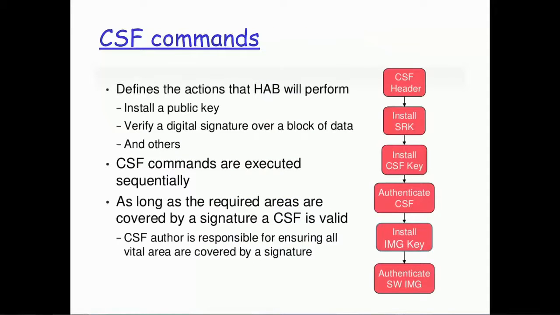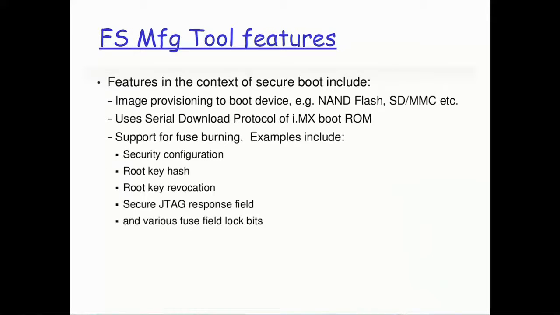So, this is just a slide on how the whole thing works with the CSF. There are different CSF commands available, which all go in as part of the header information inside my signed image, right. So, manufacturing tool features, as I told you, are image provisioning to the boot device, which uses the serial download protocol of the IMX boot ROM, and support for fuse burning. These are the things done by the manufacturing tool.